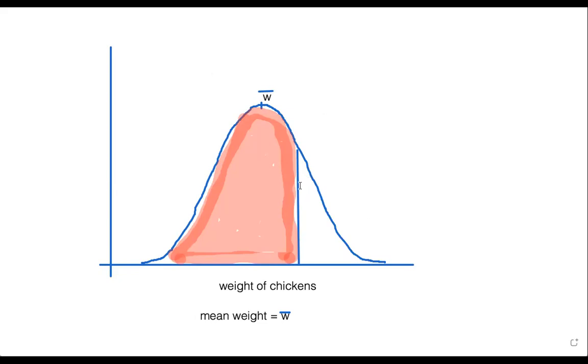Well, this population of chickens right here, they have some mean, right? The chickens that I'm allowing to live, I can calculate their mean weight, and I can call that W bar star. There's that bar. W bar star. That is the mean weight of the chickens that I allow to live.